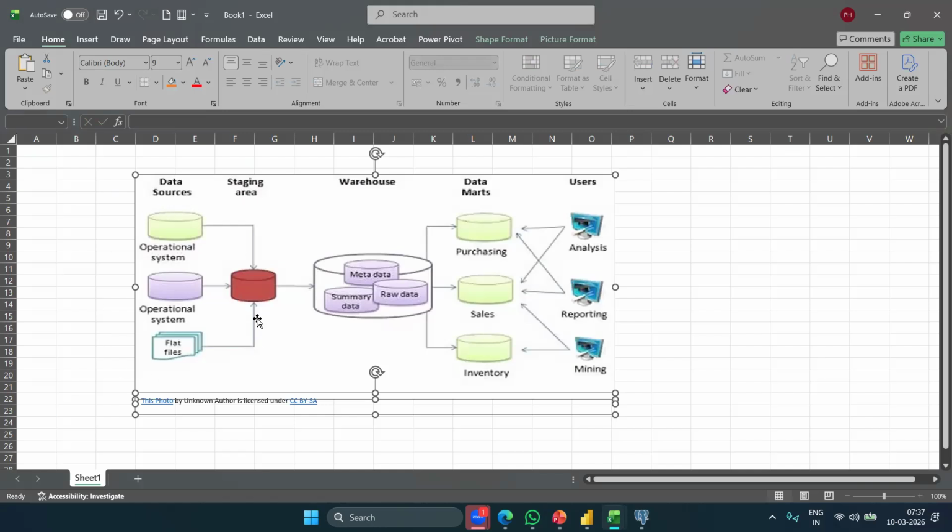I'm having my operational systems, those support the day-to-day business activities, whether it's a bank or a shopping mall, wherever it may be. If it is a shopping mall, then the sales data would be captured, whatever sales have happened. If it is a bank, the customer activities, all those things would be captured, and some flat files storing the information related to the employees, right?